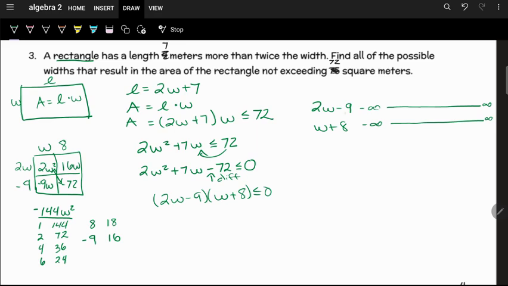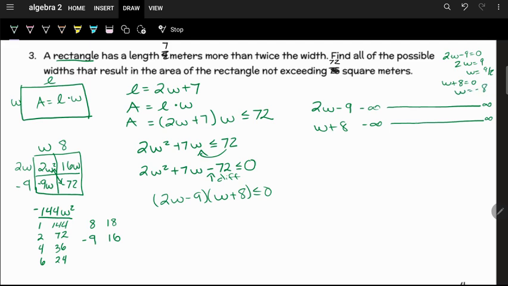This is going to equal 0, and 2w minus 9 equals 0. And if you need to do this off to the side, that's fine. That means that 2w is equal to 9, or w is equal to 9 over 2. Over here, w plus 8 equals 0 means that w is equal to negative 8.